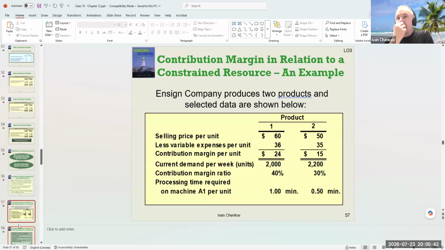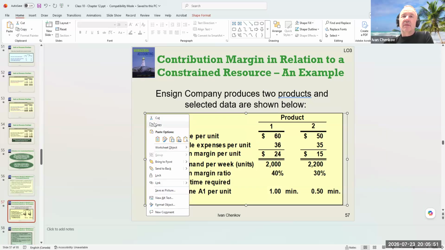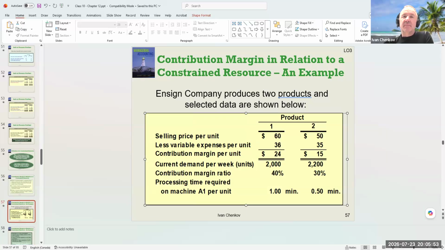So let's see this question here. This is the information for this particular question. Let me copy this and move it to an Excel spreadsheet. Let's see if it's going to go faster this time. That's not what I wanted, but let me try it the other way.